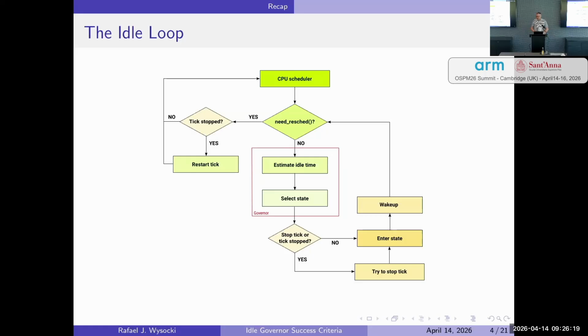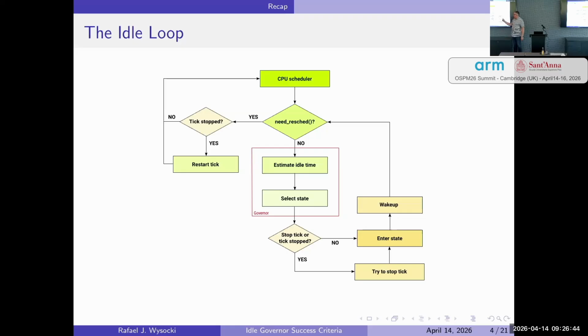Basically, when a CPU doesn't have any tasks to run, the scheduler, sorry, not visible, so let me use my hand, then the scheduler goes to this part of the code, which is the idle loop.